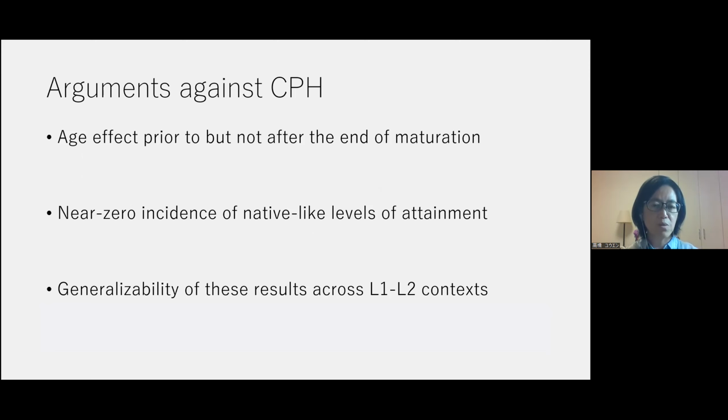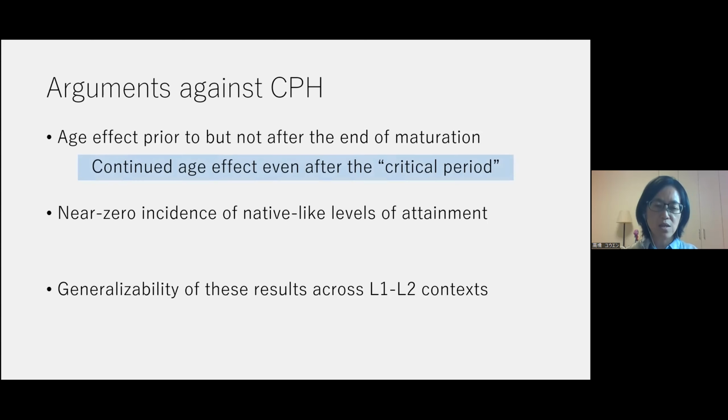First, most supporters of the critical period hypothesis argue that there's an age effect prior to, but not after, the end of maturation. So there's that end cut. But in Birdsong and Molis, they actually found a continuous age effect even after the expected critical period.